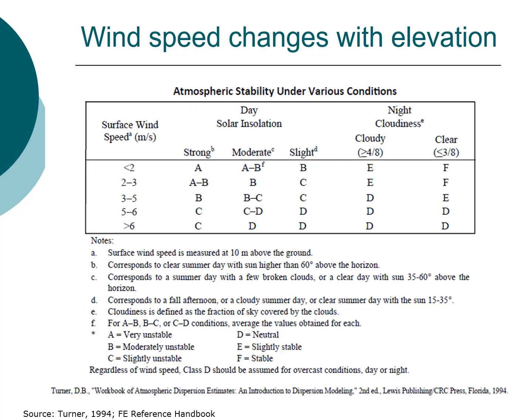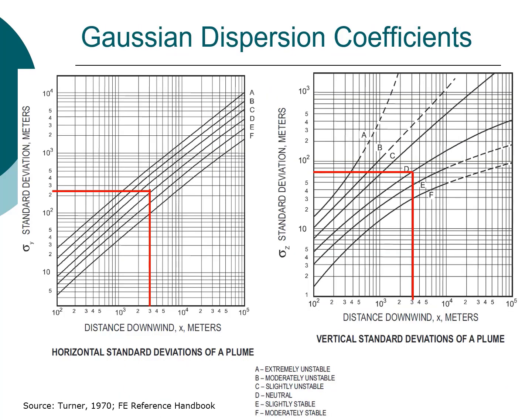And as I noted before, regardless of wind speed, if you're told that the conditions are overcast, then the stability class is D. Shown here are the two graphs from the FE reference handbook that you will use to determine the dispersion coefficients.